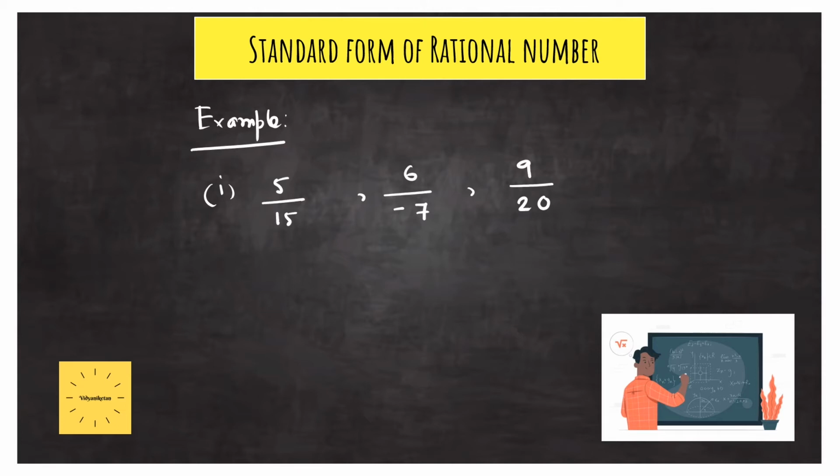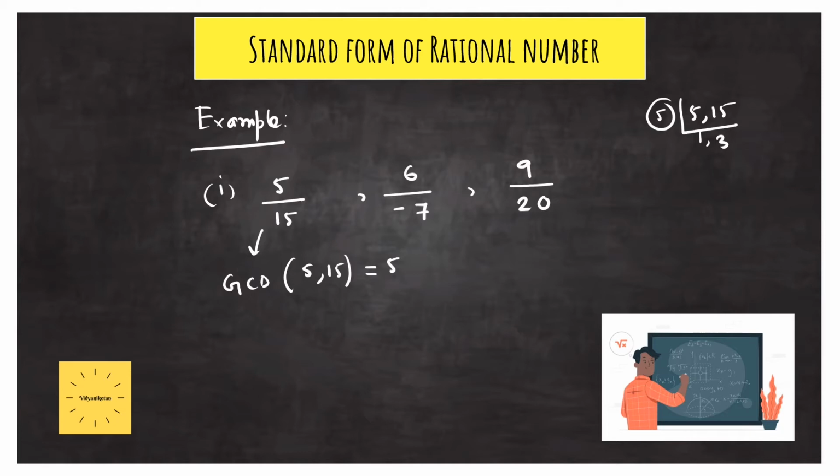But as you can see, we are taking this particular rational number, the GCD of 5 and 15. First we need to check this. So GCD of 5 and 15, you know that 5, 15, the common factor is 5, with 1 and 3, so 5 is the GCD. But previously we have discussed that only 1 can be the GCD. So first of all, it is not in the standard form.